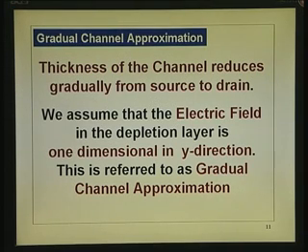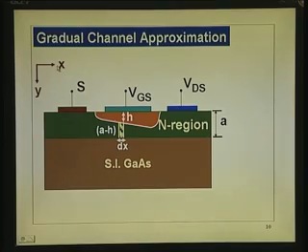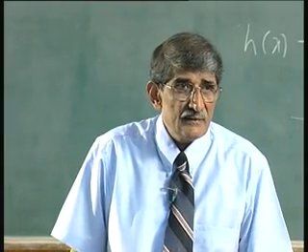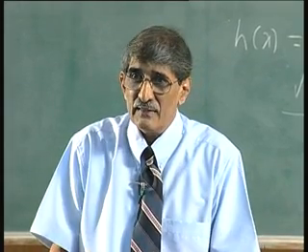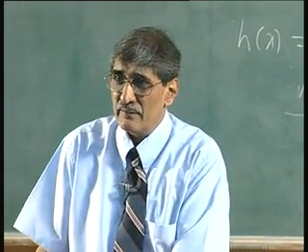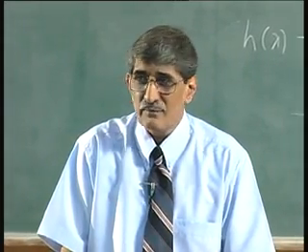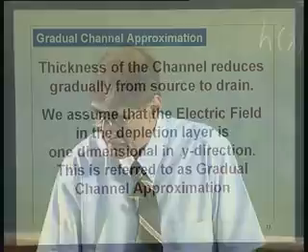So, the gradual channel approximation is the famous jargon that is put up by all device physicists, meaning the electric field in the x direction is negligible compared to the y direction electric field. So, you can use one dimensional equations for writing the relation between depletion layer width and the potential across the depletion layer. That is what is done.